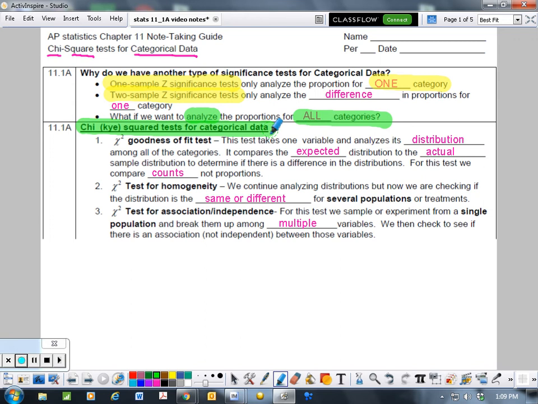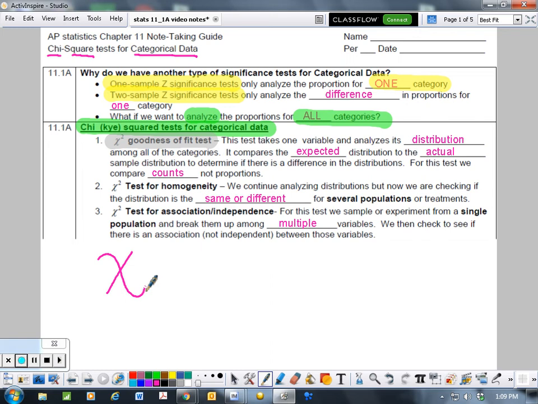In section 1, we're going to be looking at the chi-squared goodness of fit test. Let me talk about the Greek letter chi. It looks like a fancy X, but it's really the Greek letter chi.